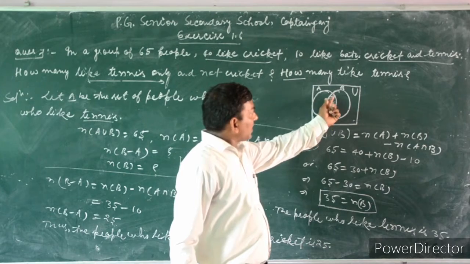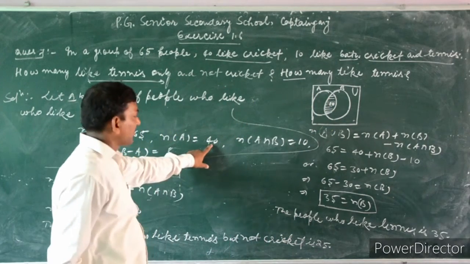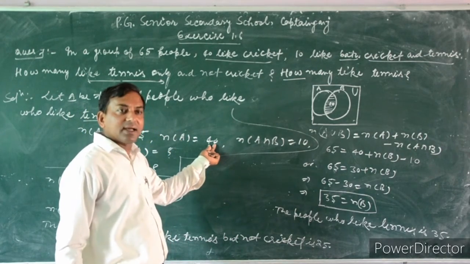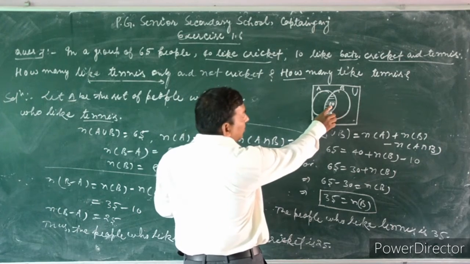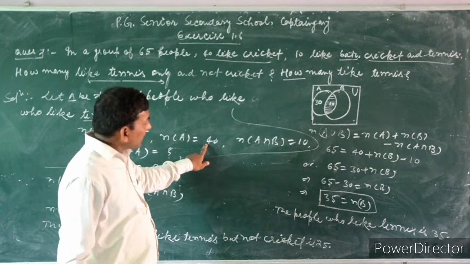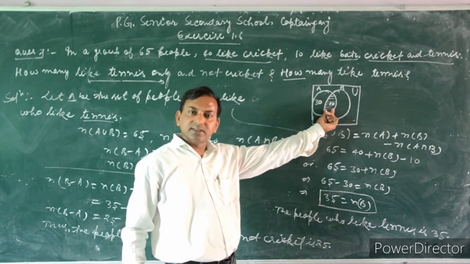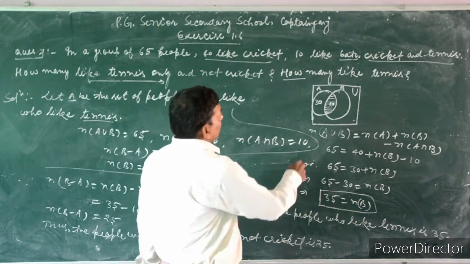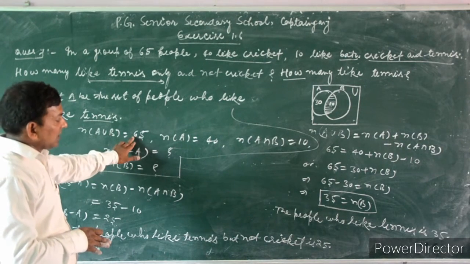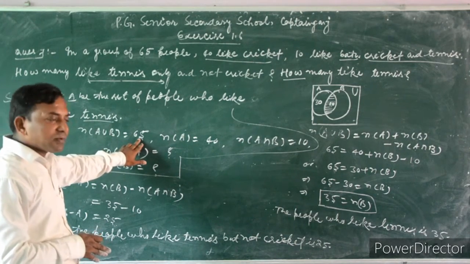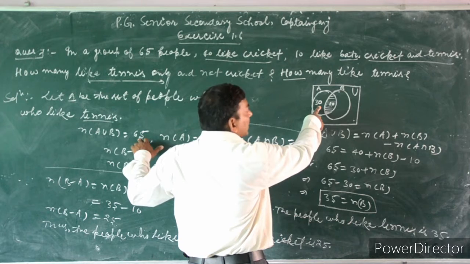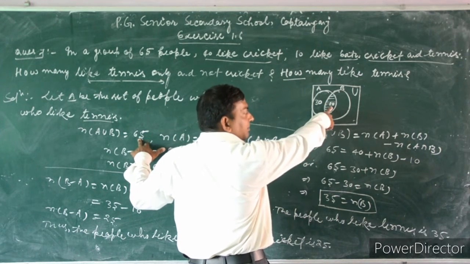Among them, 10 people like both. The cardinal number of A is 40, meaning 40 people like cricket. Among 40, 10 people are written here. The remaining 30 are people who like only cricket but not tennis. The total is 65, and the cardinal number of A intersection B is 10. Out of 65, 30 people like only cricket, and 10 like both.